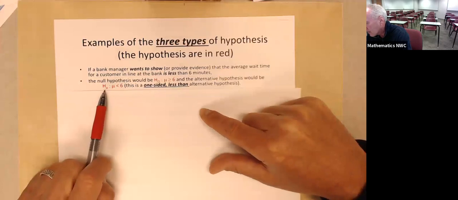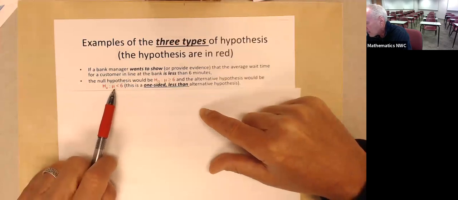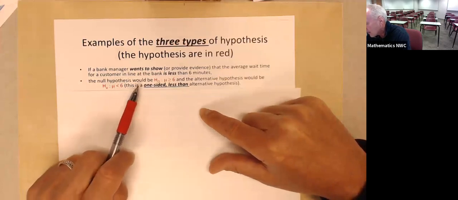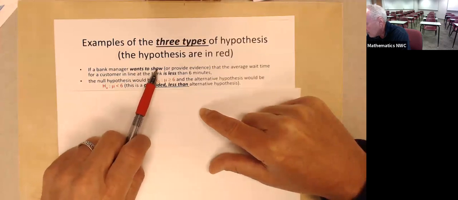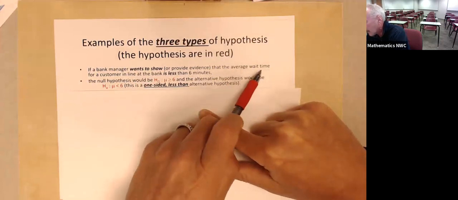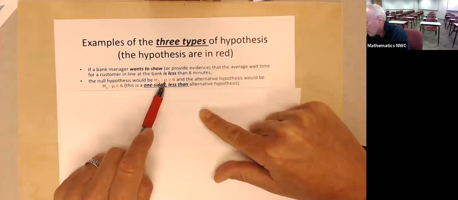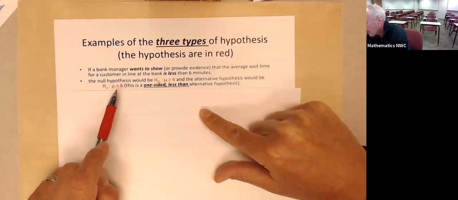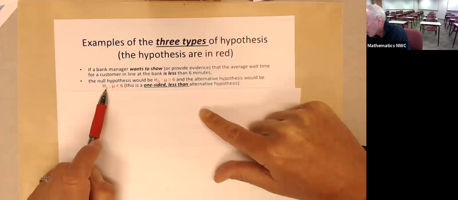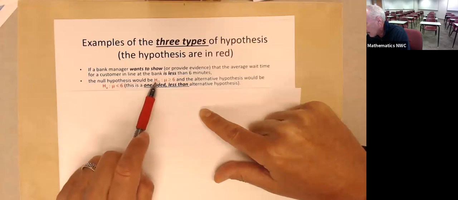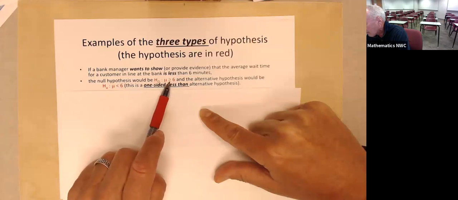Here's my alternative. Remember I said the mean was less than 6. I wanted to show that the average time, that's the mean, mu, is less than 6. That's what I want to show. I made that into the alternative, which means my null must be the opposite.